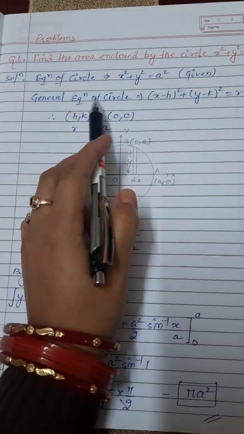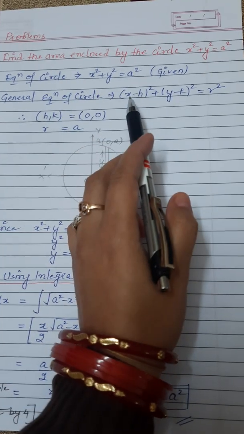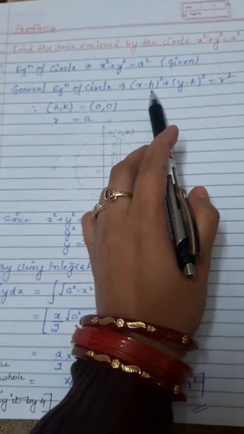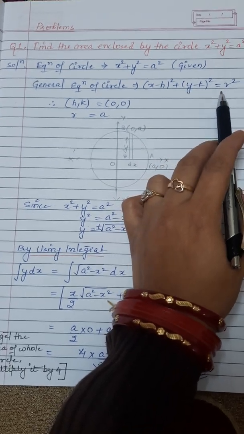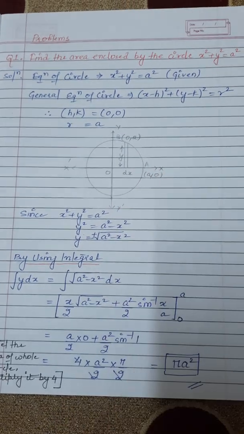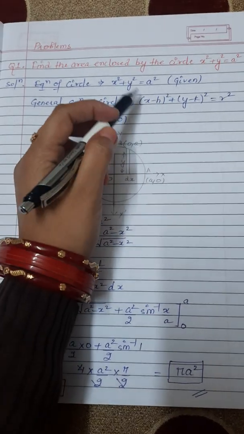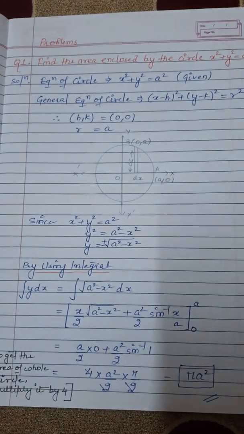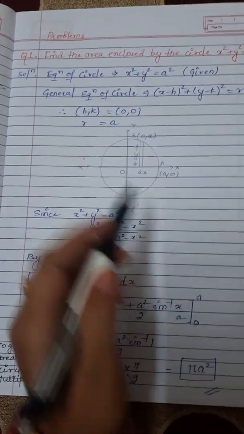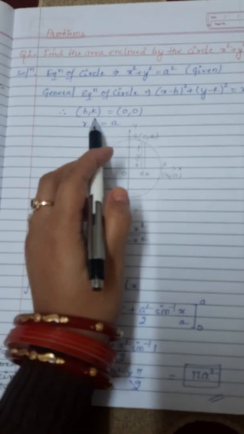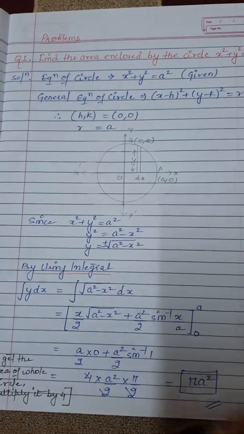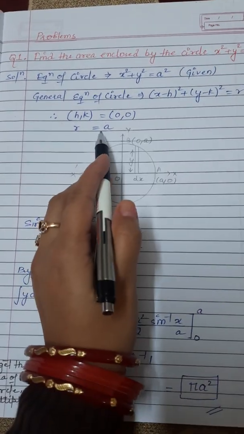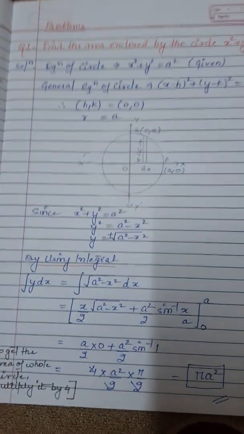We know the general equation of the circle, which is (x minus h) square plus (y minus k) square is equal to r square. Now compare both the equations. After comparing, you will find the center of the circle is (0, 0) and radius is equal to a.